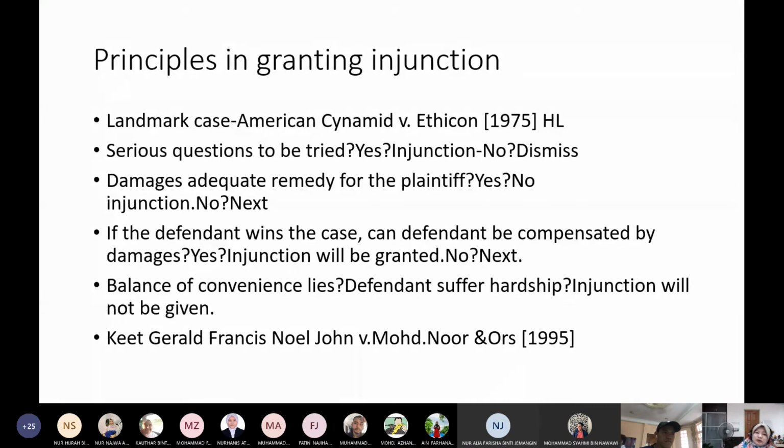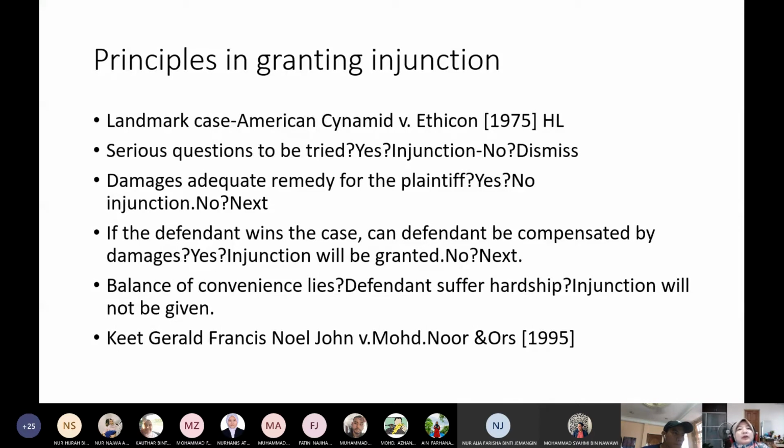And then you are going to show that the defendant does not suffer that much hardship. You have to show that in your course papers, because the court takes the approach of balancing of convenience between the plaintiff and defendant. That's the plaintiff's side.